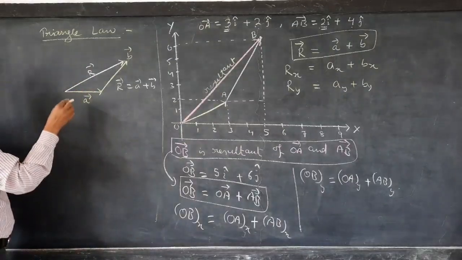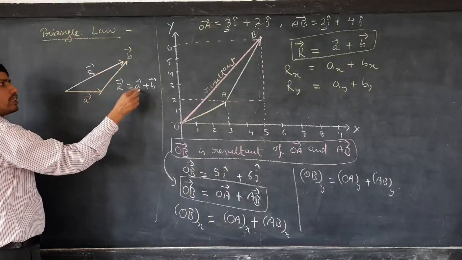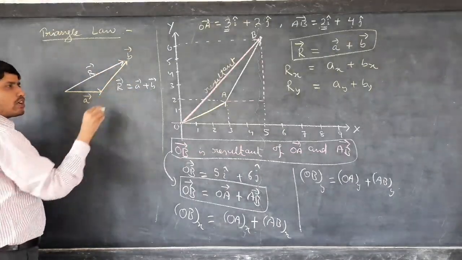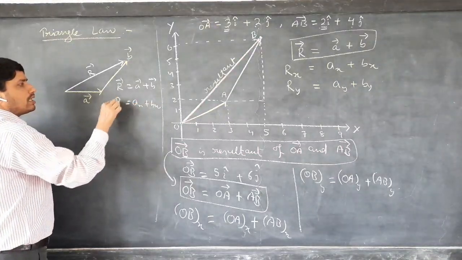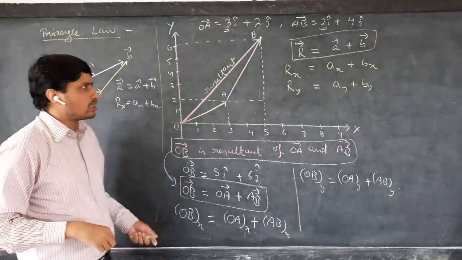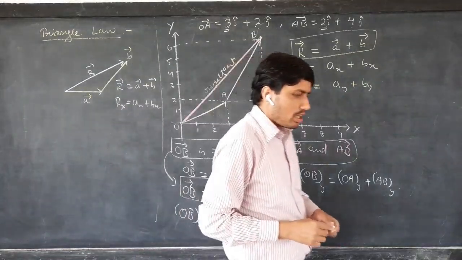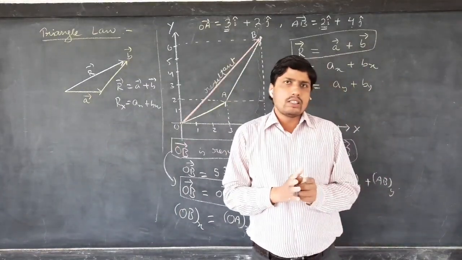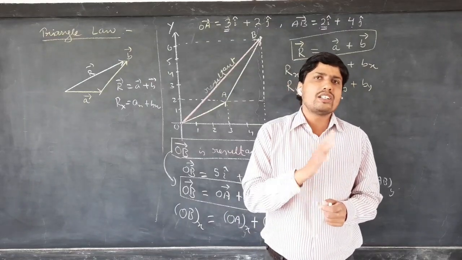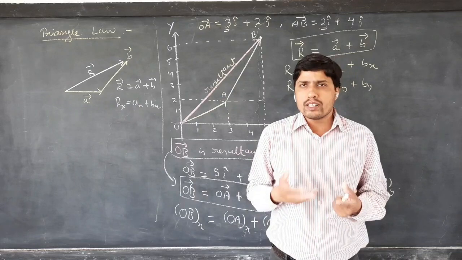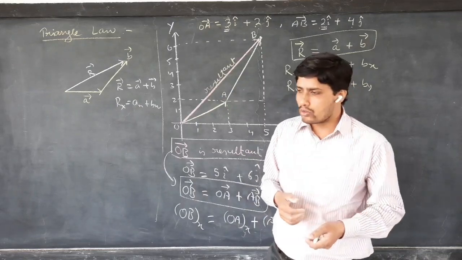It means that we have to add the x components of A and B vectors to get the x component of R. So AX plus BX will be RX, and likewise, as I have explained earlier, for the y component. So any two vectors, if they are given, you can find the resultant by finding the third side of the triangle. This is the geometrical method for finding the resultant of two vectors.